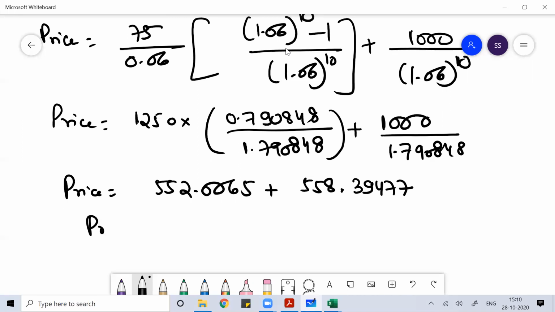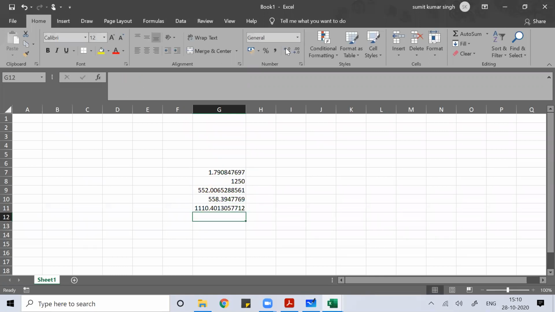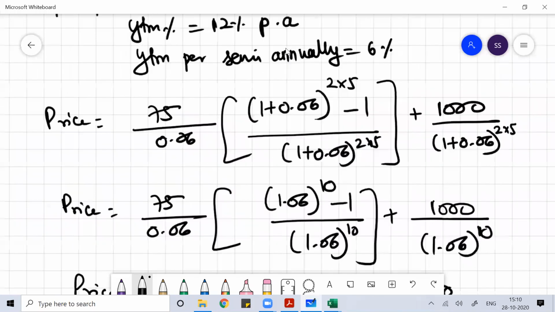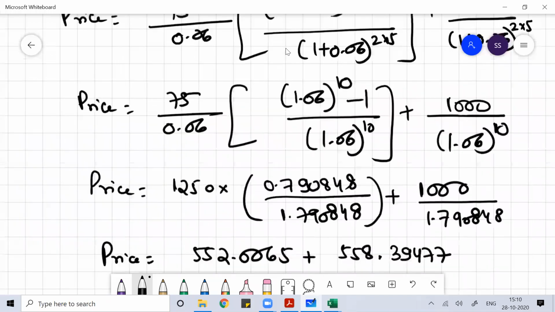So the price of the bond you'll get is 1110 something. I told you that because the coupon rate is more than the YTM, the price will be more than 1,000 rupees.